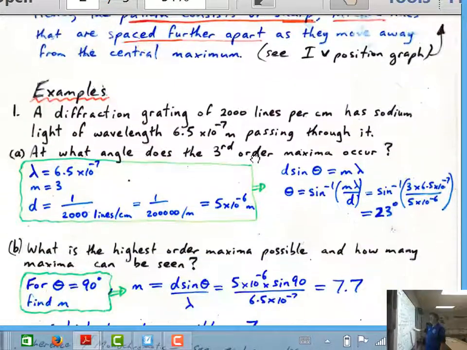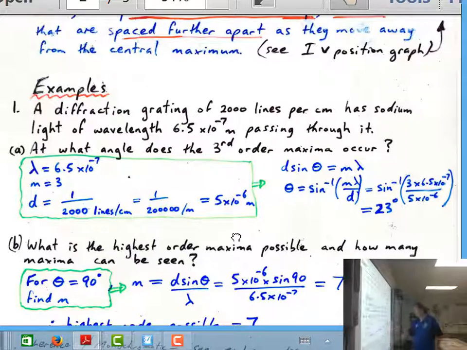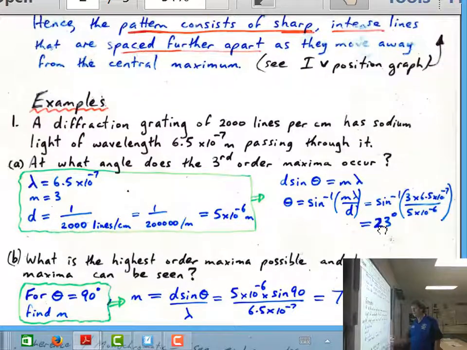All right. Now we've already got this idea about what to do if you've got a diffraction grating, that I've just gone through. You can work out your distance between the slits, rearrange for theta, and you'll get an angle. And you can see it's much bigger than what we've been doing with double slits. If you ask what is the highest order maximum possible and how many maxima can be seen, that's theoretically anything less than 90.